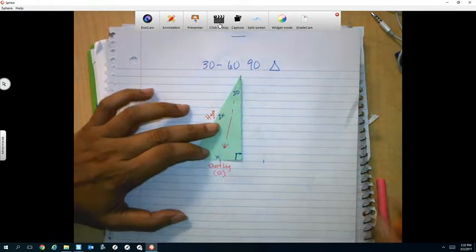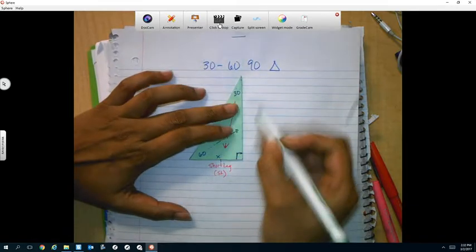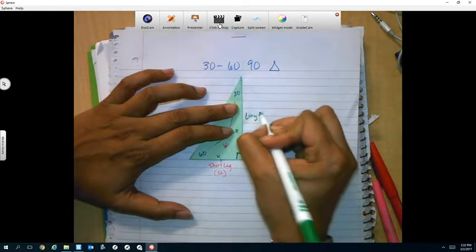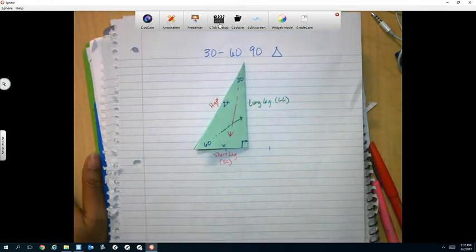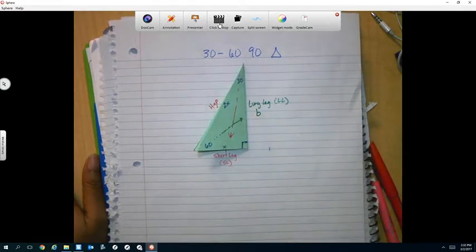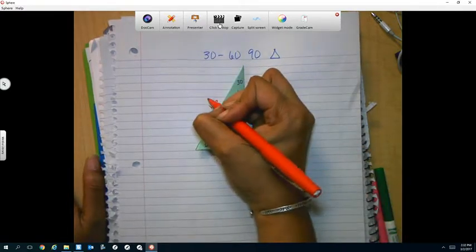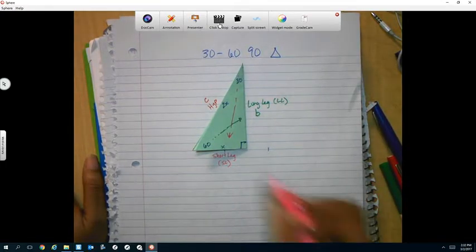And then opposite the 60 is also a leg, but it's the long leg, or LL. Now, using Pythagorean theorem, this will be our B. Our hypotenuse is always our C. And then the other one we have is our A.